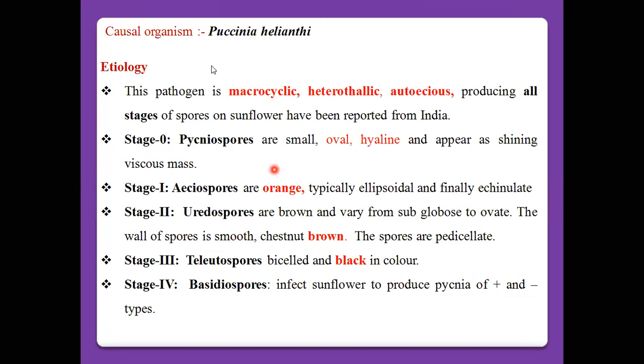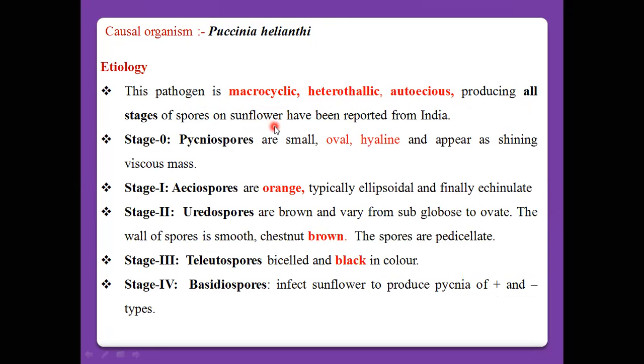Then the causal organism is Puccinia helianthi. This Puccinia helianthi is also heterothallic in nature. So this pathogen is macrocyclic, heterothallic, autoecious, producing all the stages of the spores on the sunflower.